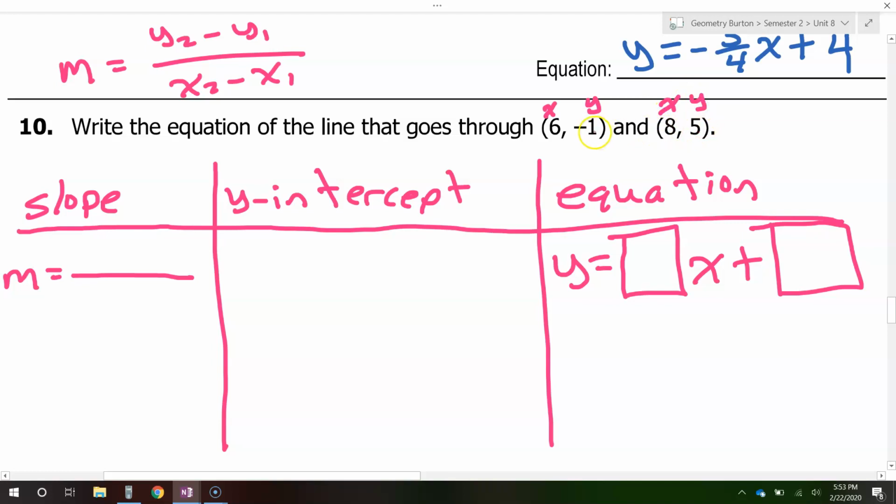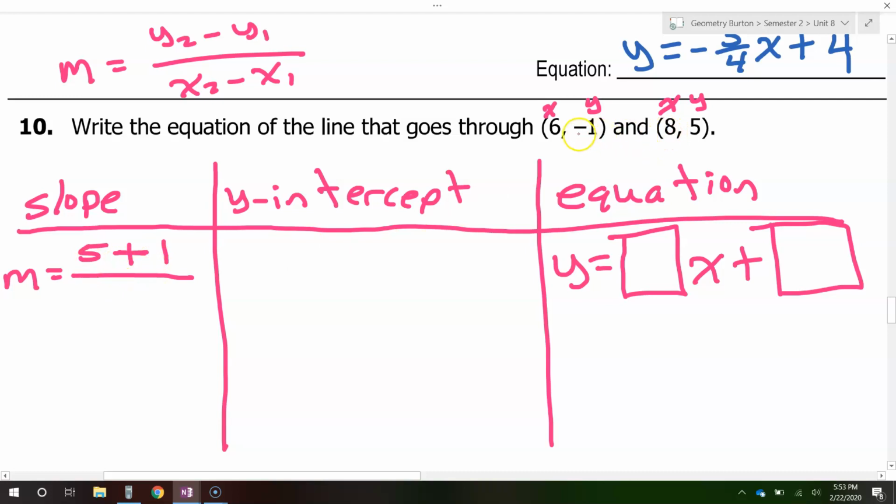So 5 minus -1. All right, listen to what I just said. It's not 5 minus 1. It's 5 minus negative 1. Do you hear the double negative there? 5 minus negative 1. How do you handle subtracting a negative number? You turn it into addition. So it's really going to be 5 plus 1.